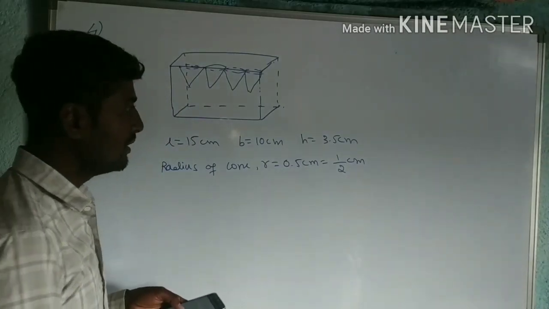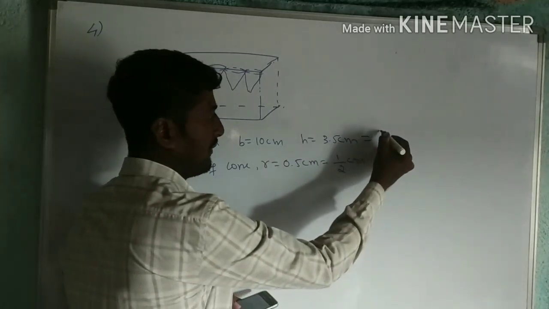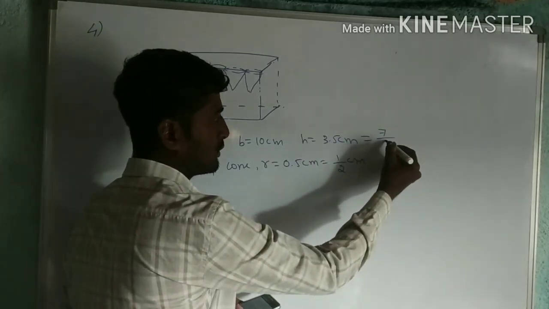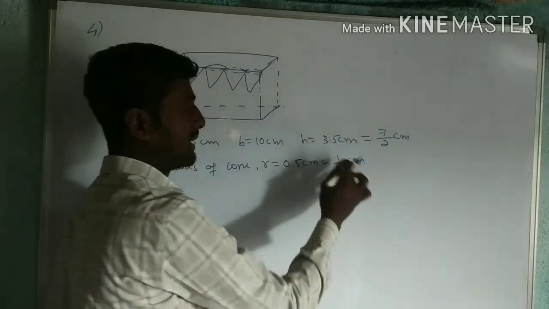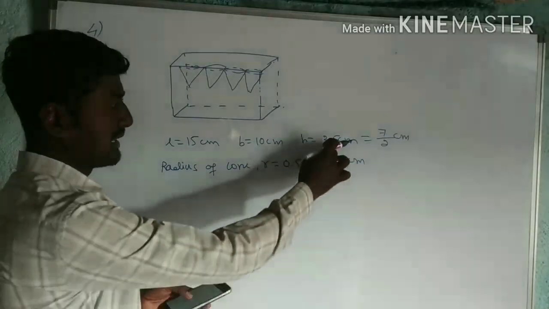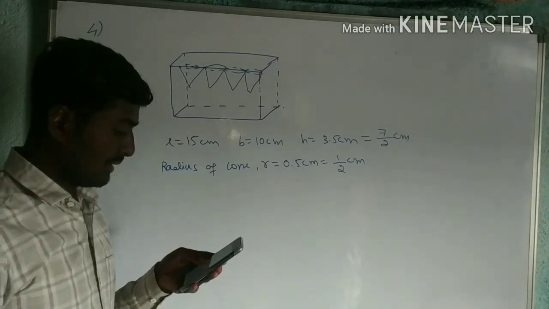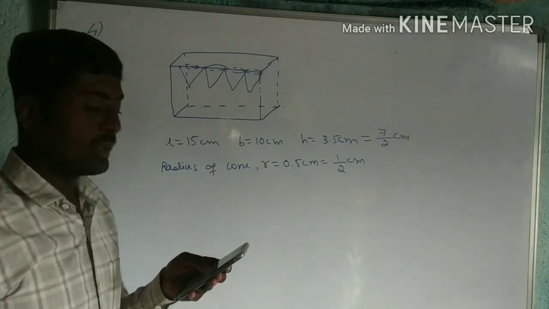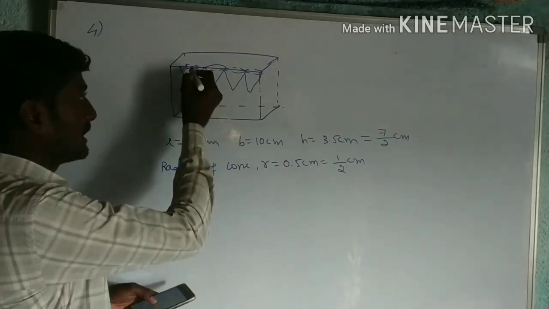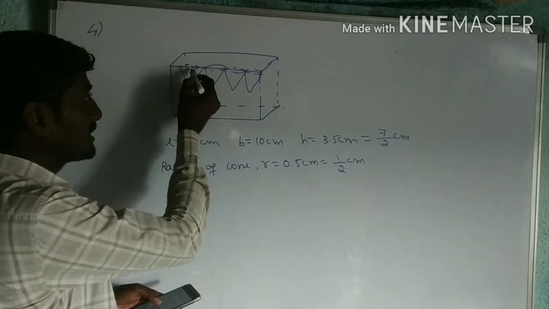Now this H can be written as 35 divided by 10, which is 7/2 centimeter. In fraction I can write it as 7/2 centimeter. Next, the depth is 1.4 centimeter. So the depth of this conical depression means the height of this cone.